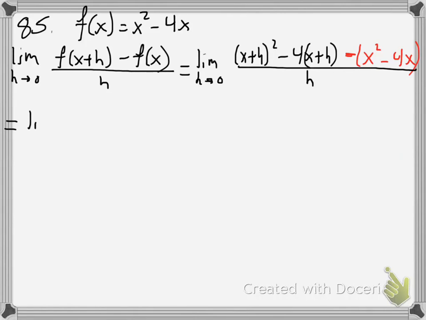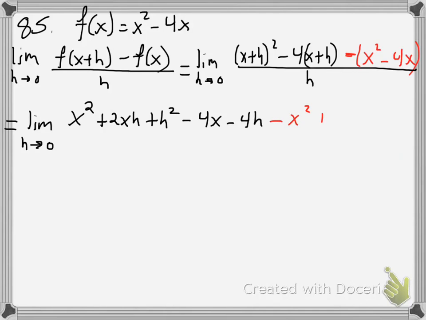What we're going to do is FOIL out the x plus h quantity squared to be x squared plus 2xh plus h squared. Distribute the minus 4 to get minus 4x minus 4h. Distribute that minus sign: minus x squared plus 4x, all over h.